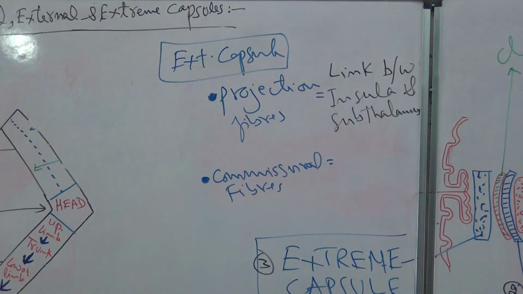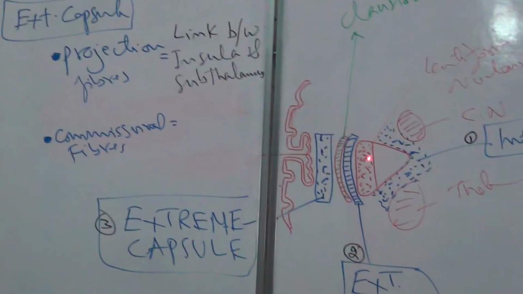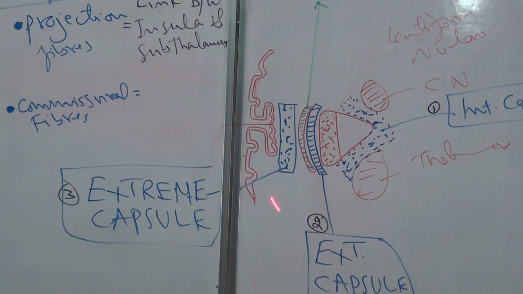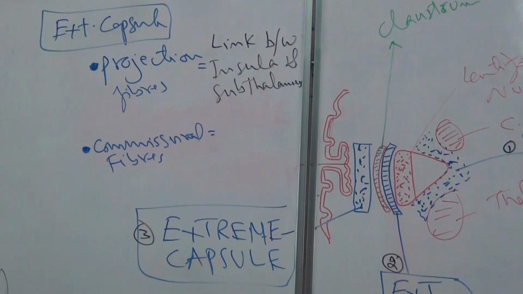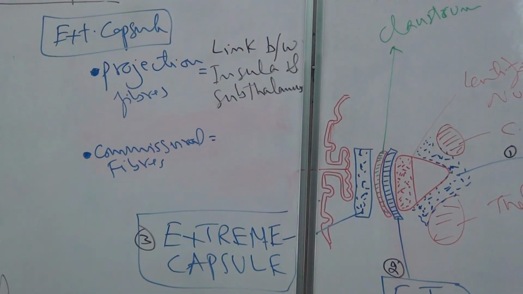The projection fibers pass through the external capsule, which is located between the lentiform nucleus and claustrum, and they connect the insula and subthalamus.